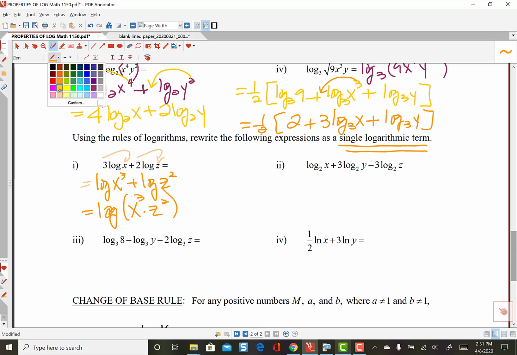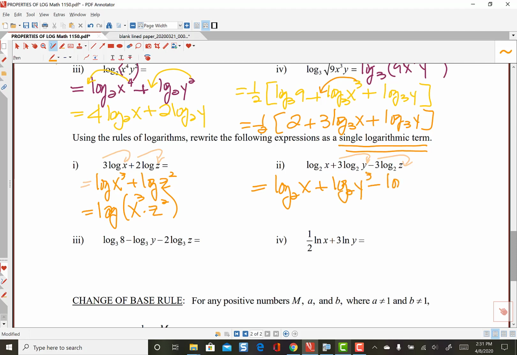If we look at the one that is next to it here, I have an exponent there, I have an exponent there. So I'm going to reattach those exponents so that I would have the log base 2 of x plus the log base 2 of y cubed minus the log base 2 of z cubed.